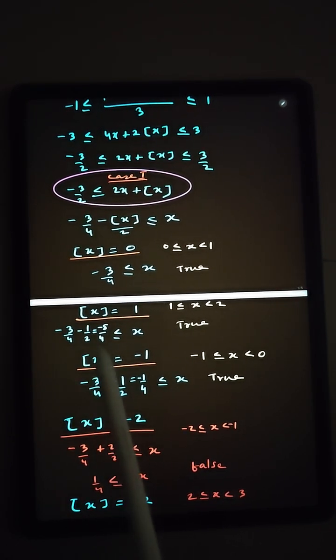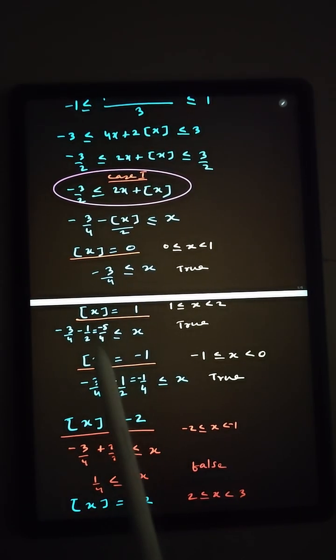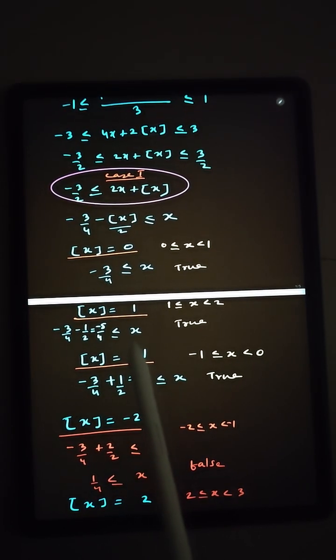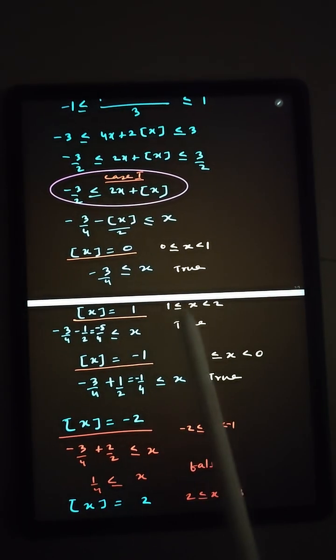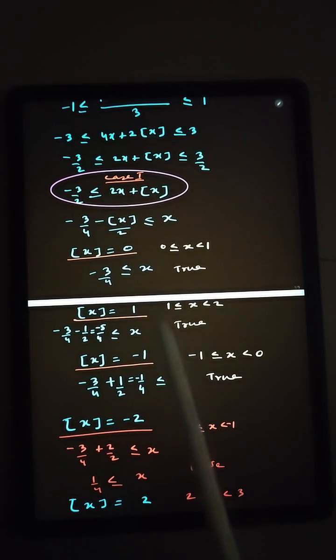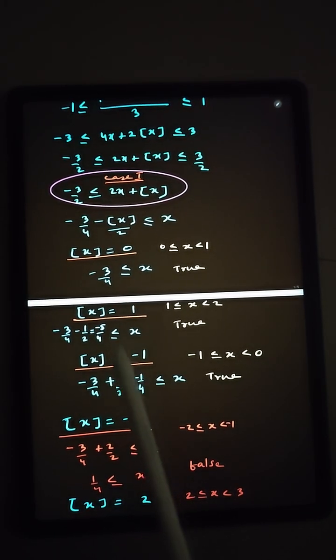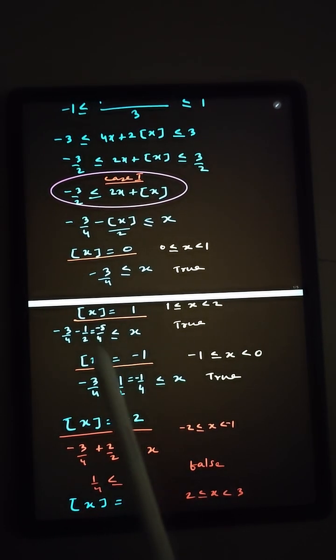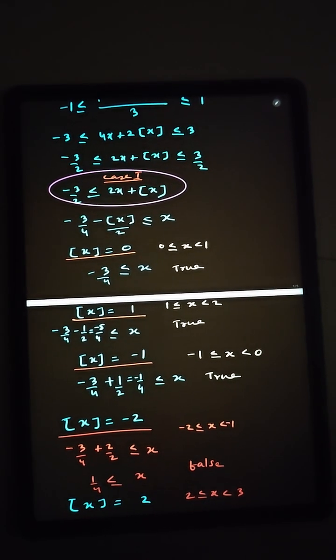Doing the simplification and taking LCM 4, -2 - 3 gives -5/4 ≤ x. Here you can see that this is a negative number and your x is lying in this range, some positive number, so it will always be greater than -5/4. May not be equal, but greater. So this relation is true.